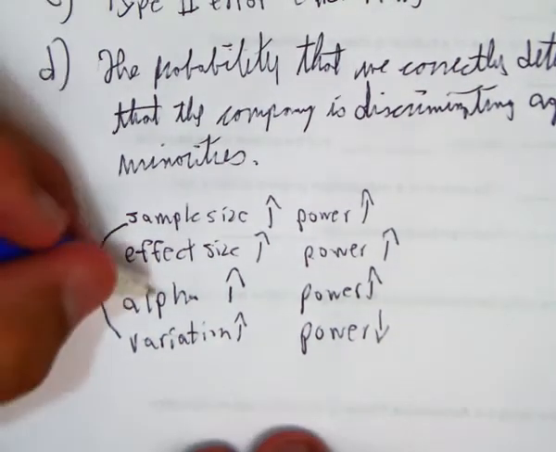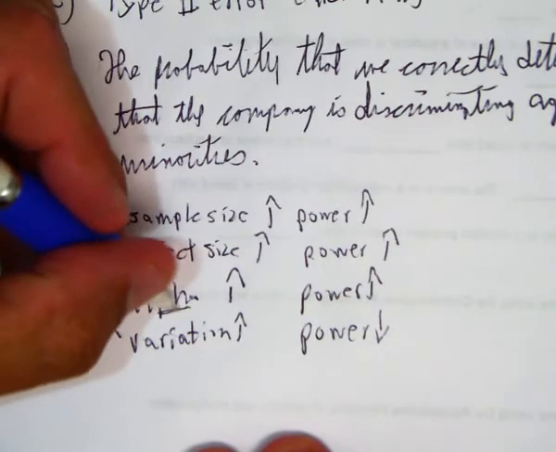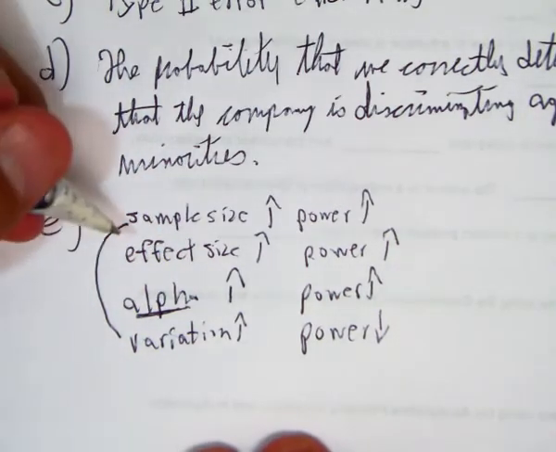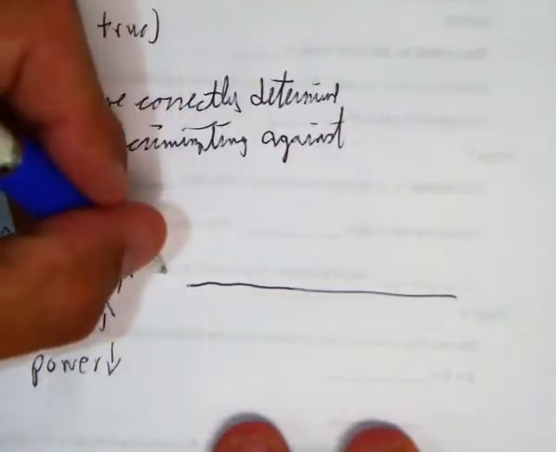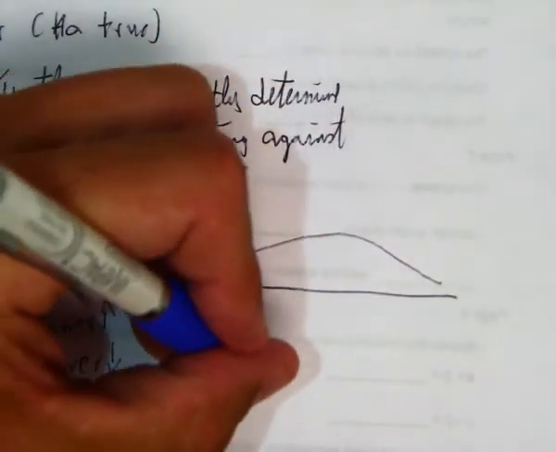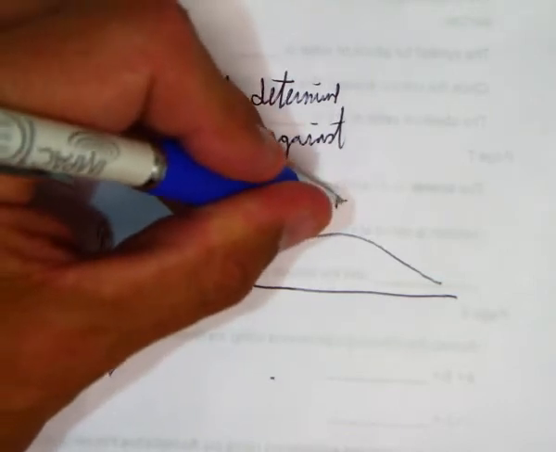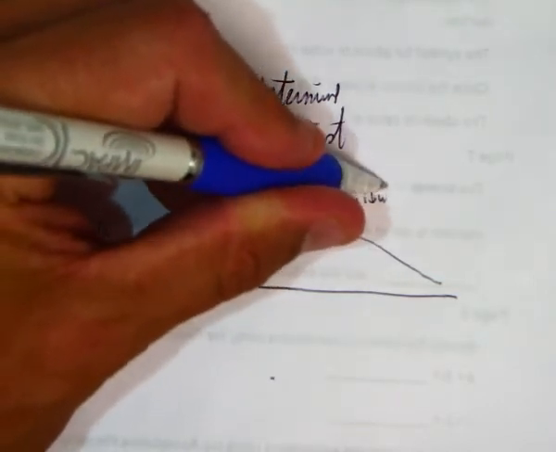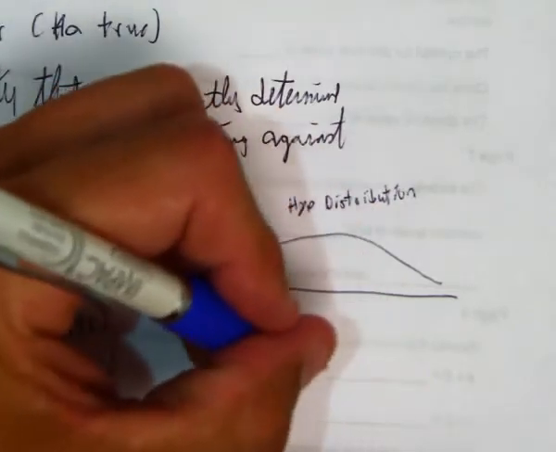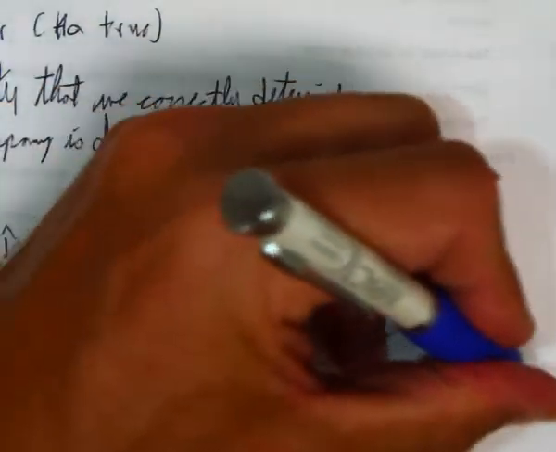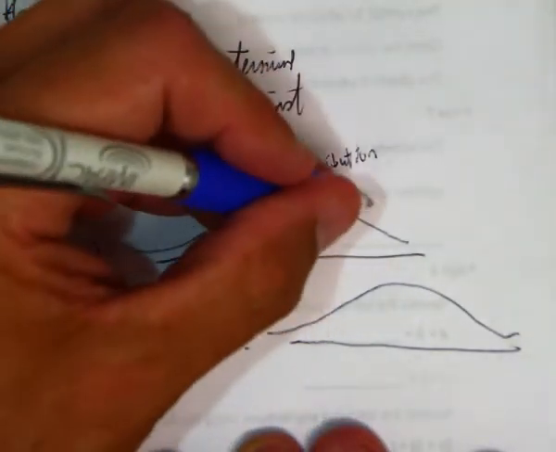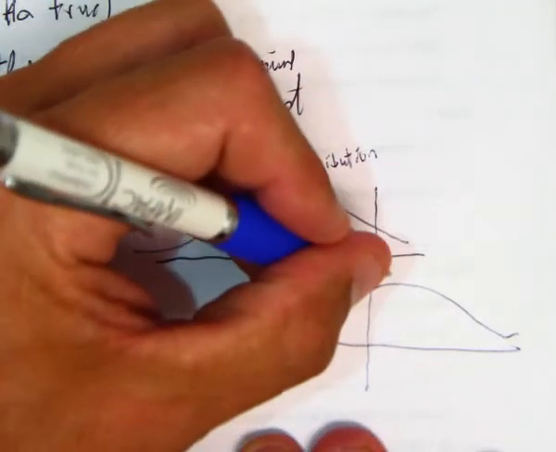So what they're asking in question E is basically about alpha. As the alpha size goes up, the power goes up. Let's diagram it out. That's the hypothesized distribution. Here's the actual distribution. There's alpha.